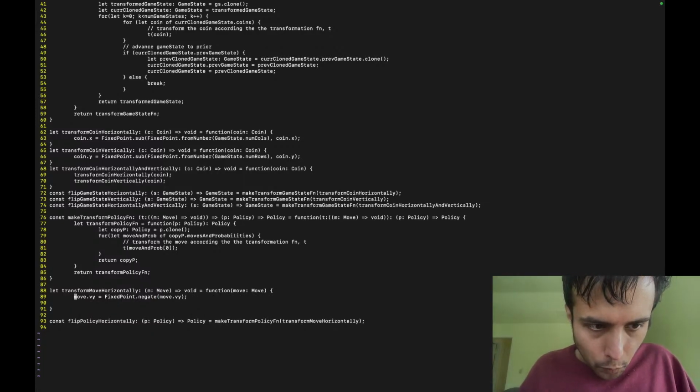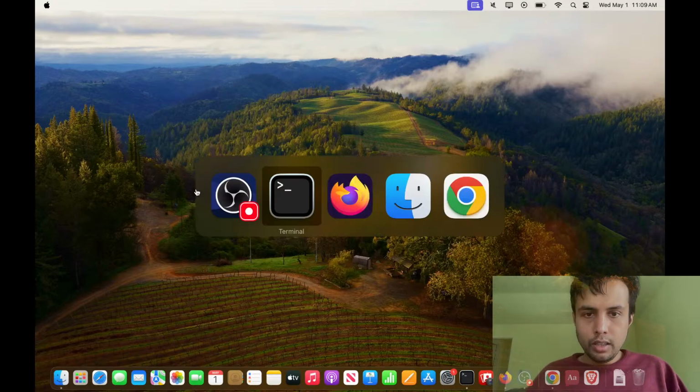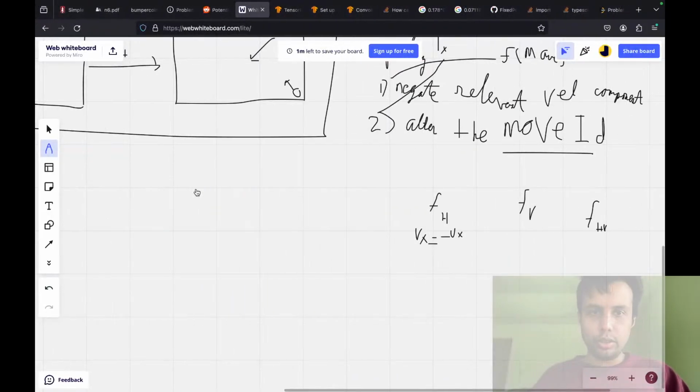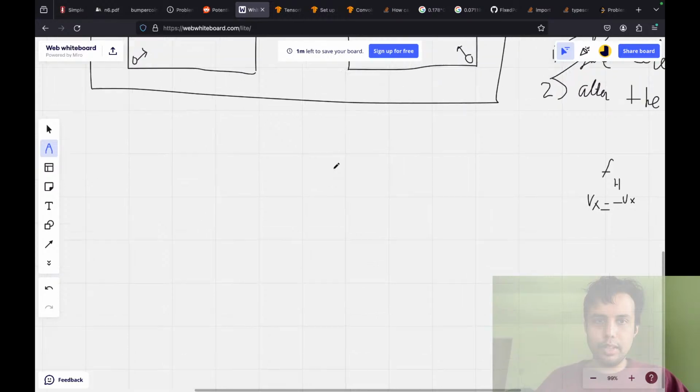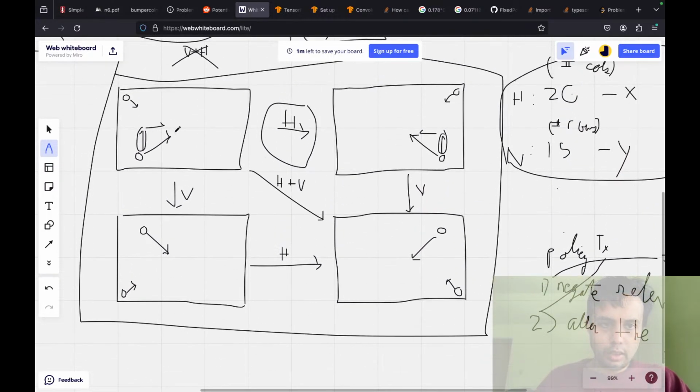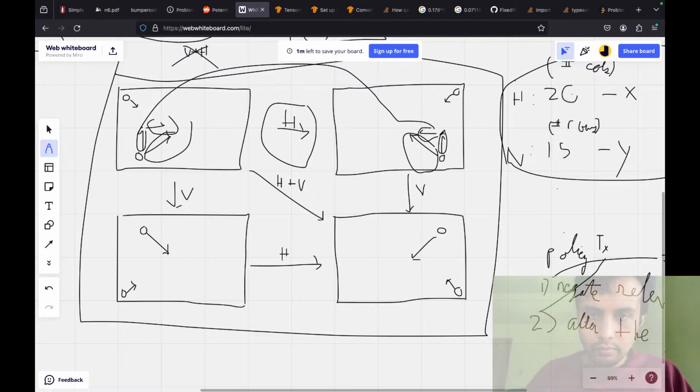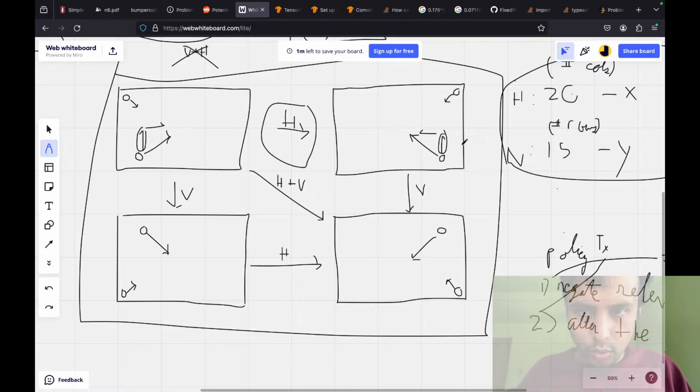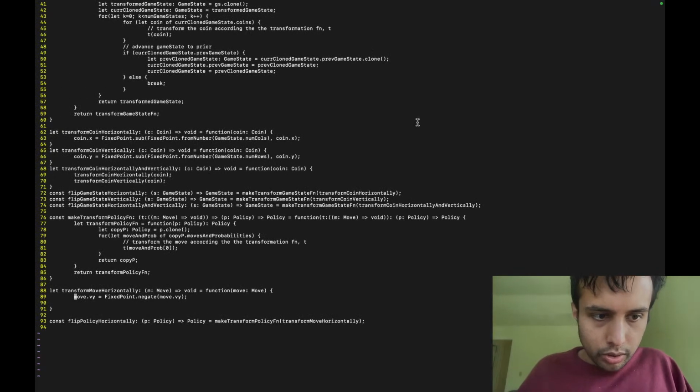So this takes the y component and flips it. And now the move ID. Let's consider this one: this thing here becomes this thing. So the y stays the same, but the x gets flipped. Sorry about that. Yeah, the y stays the same, but the x, from pointing to the right, becomes pointing to the left. So this is not move.Vy. This is Vx.